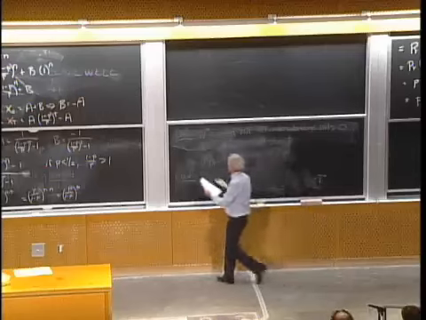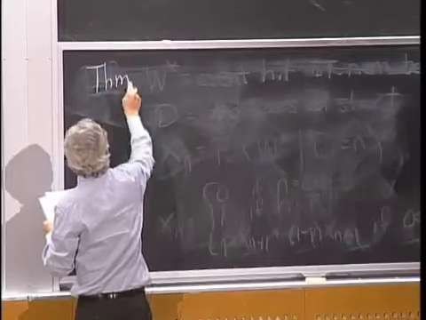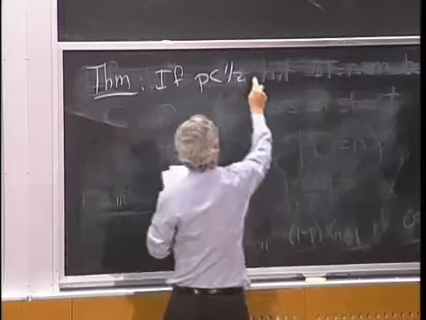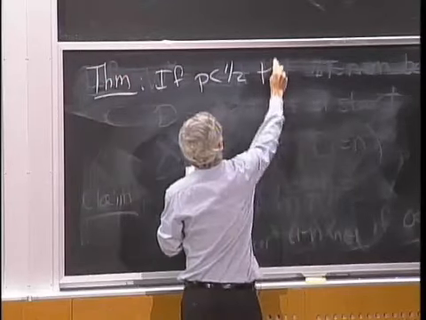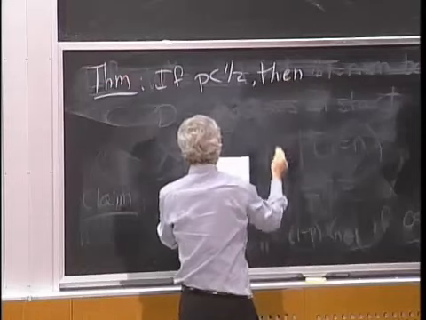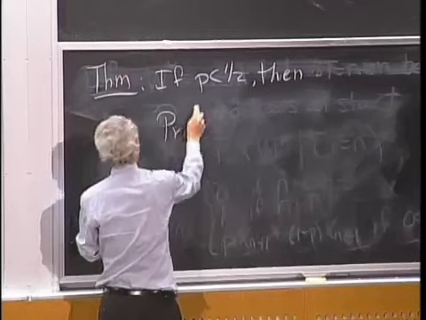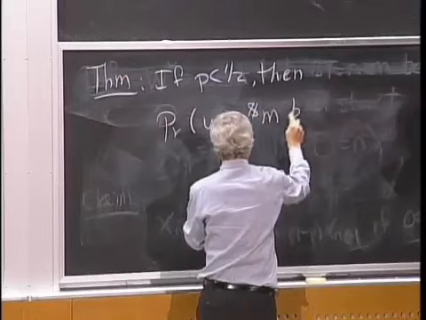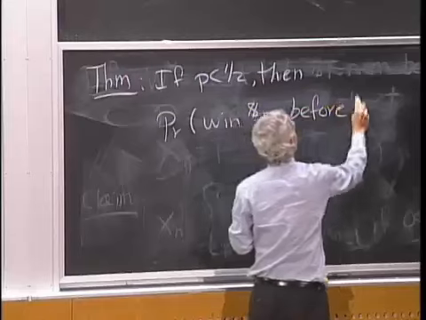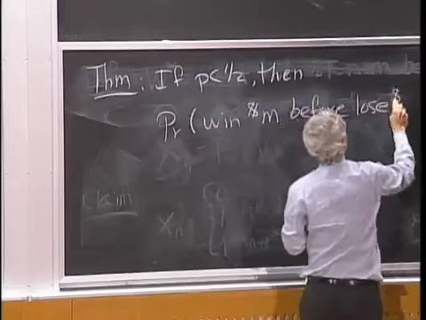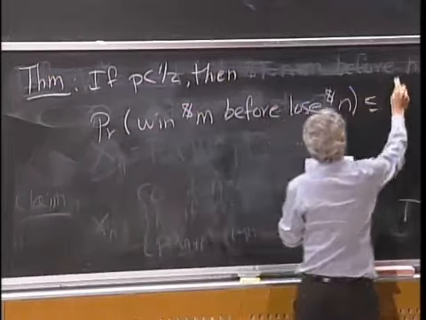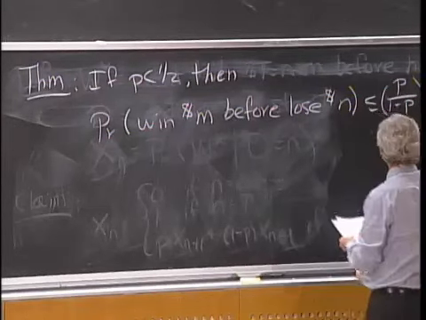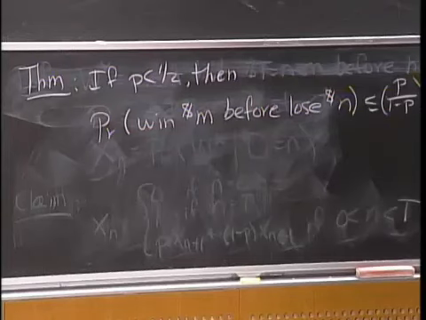We proved that if p is less than a half, if you're more likely to lose a bet than win it, then the probability that you win m dollars before you lose n dollars is at most (p over (1 minus p)) to the m. That's what we just proved.